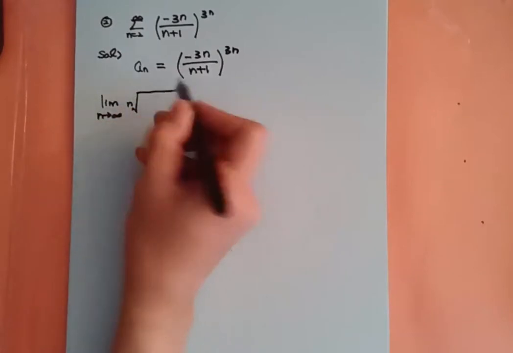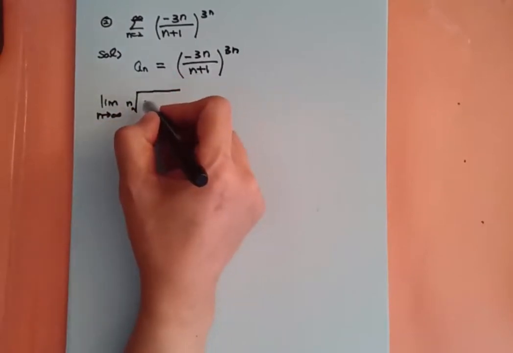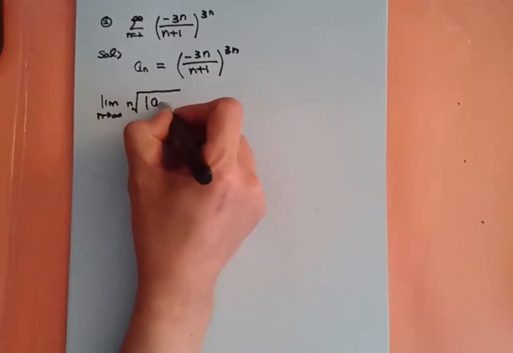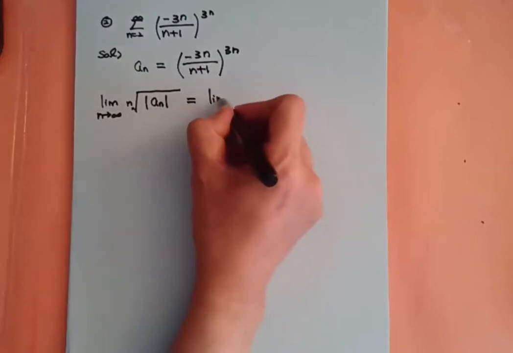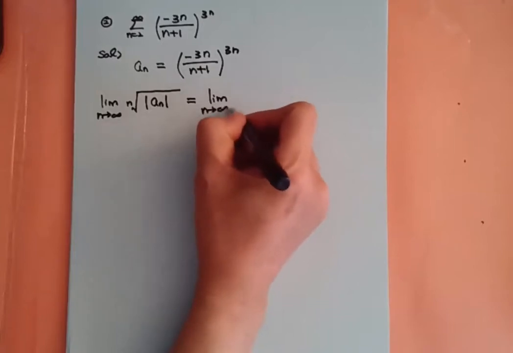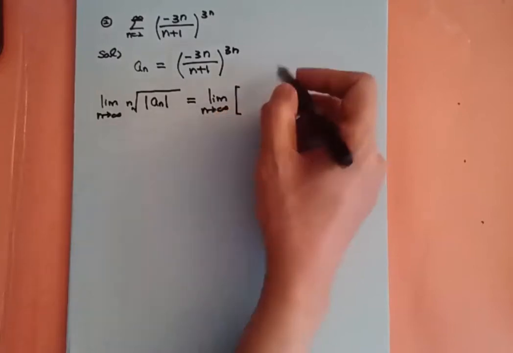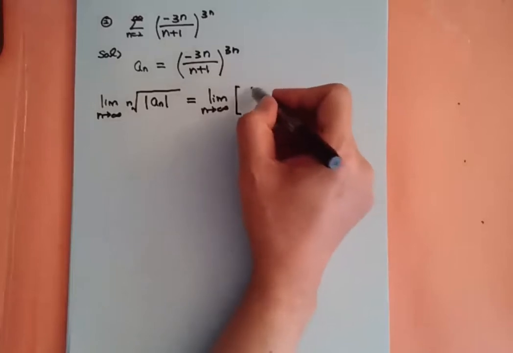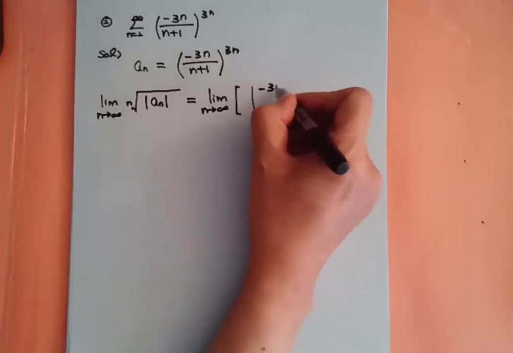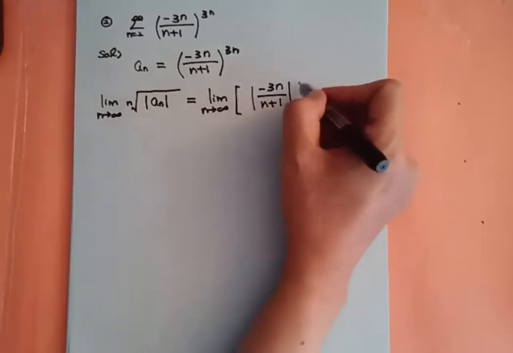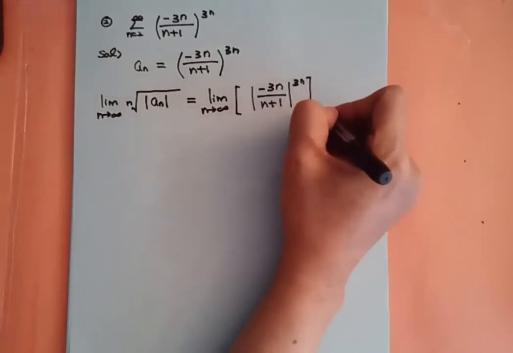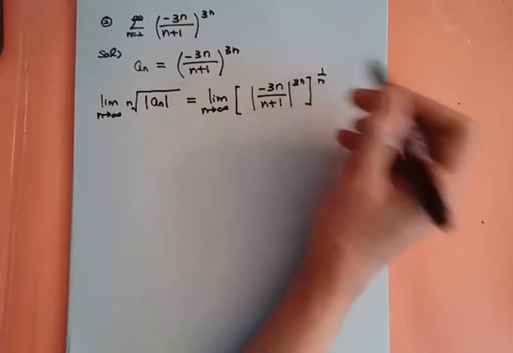So the limit as n goes to infinity of the nth root of the absolute value of an equals the limit as n goes to infinity of (minus 3n over n plus 1) to the 3n power, to the 1 over n.